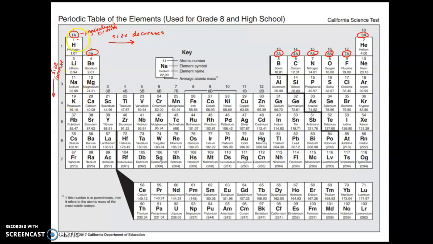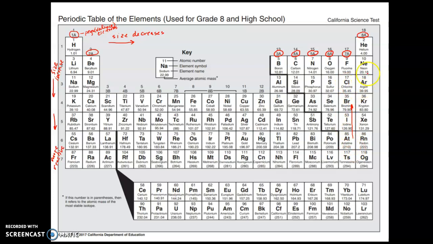Okay, a couple of other things we talked about was that they're going to behave in a similar way with different chemicals. So as we go down on this side, they become more reactive. And for this one right over here, we're going to start right there.